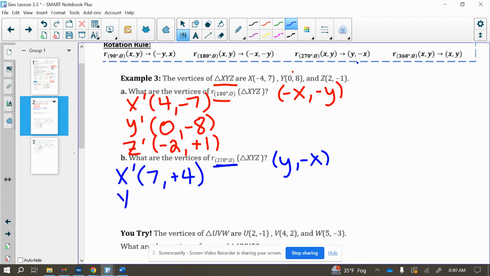In the next one, Y prime, our original was 0, 8. So we flip the order. It's now 8, 0. The X value would flip signs, but because 0 is the same whether it's positive or negative, we can just leave it. And then Z prime, we have 2, -1. We are going to flip the order of that. So it's now -1, 2. But the 2 is going to become negative because, again, we need to flip the sign. So -1, -2.